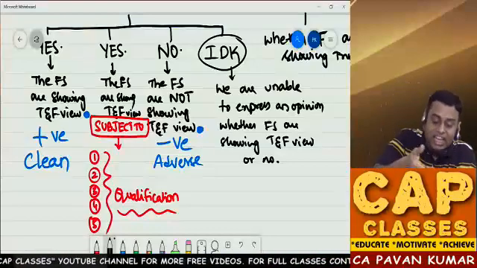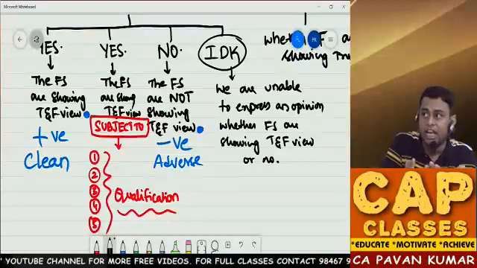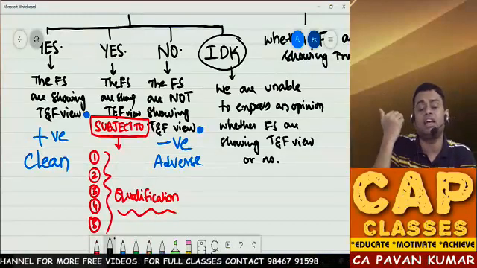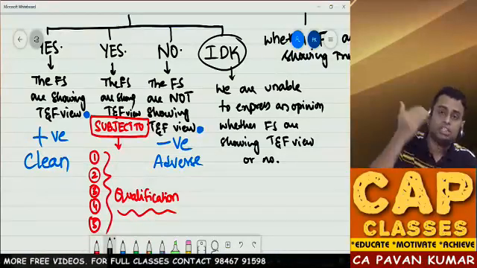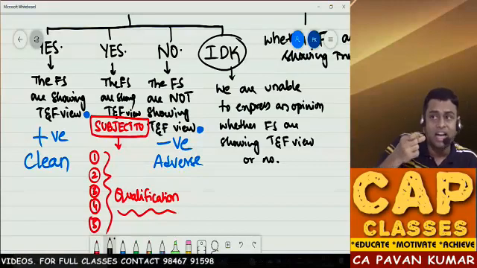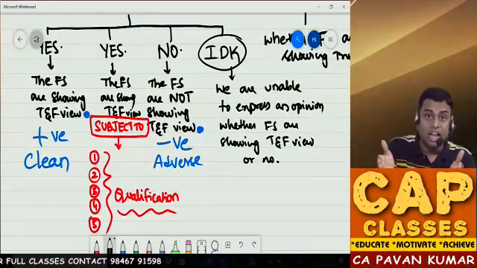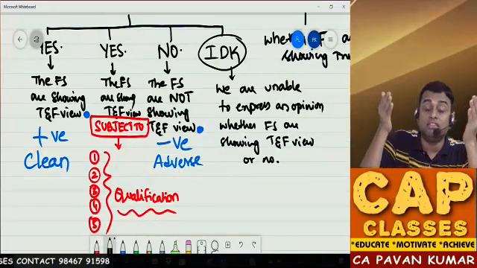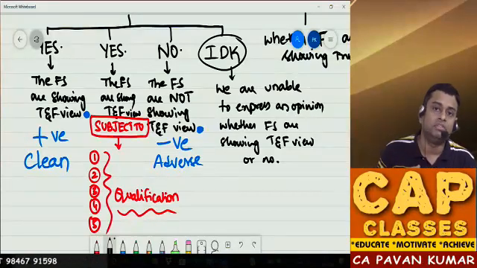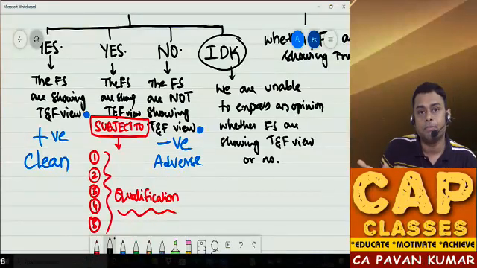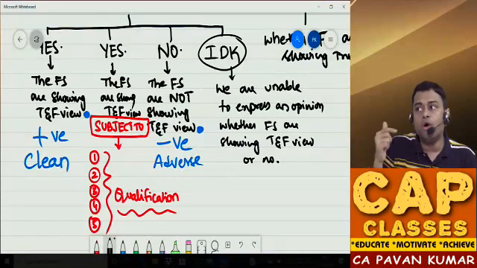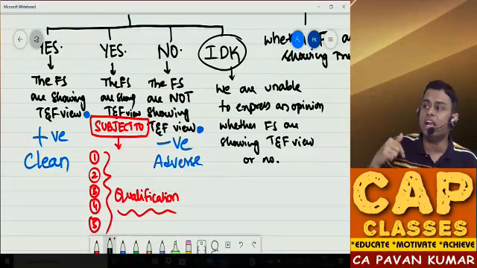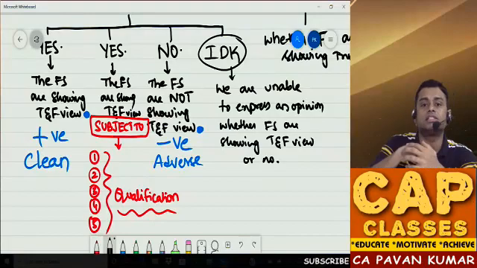Then if I look at his answer sheet, I can decide whether he has written the correct answer or not, whether his preparation is appropriate, whether his understanding of the concept is correct. I can tell you. But when he is not writing the exam, the answer sheet is not available. Audit evidence is not available. How can I form an opinion? How can I express an opinion when there is no basis?